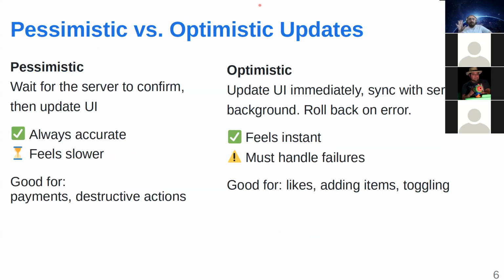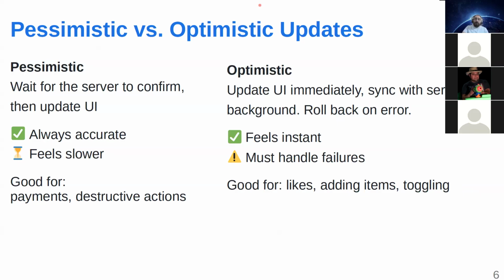So let's look at pessimistic updates versus optimistic updates. A pessimistic update waits for the server response before updating the user interface. This approach is slower, but it is very reliable and accurate.